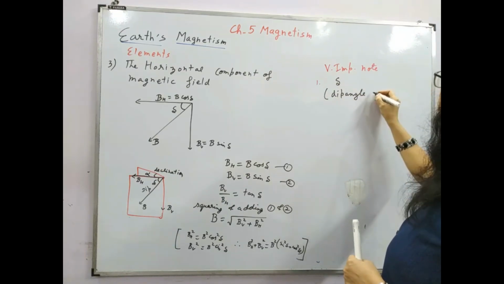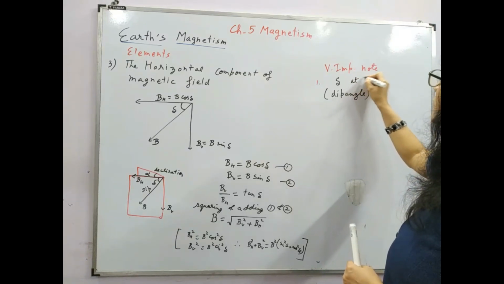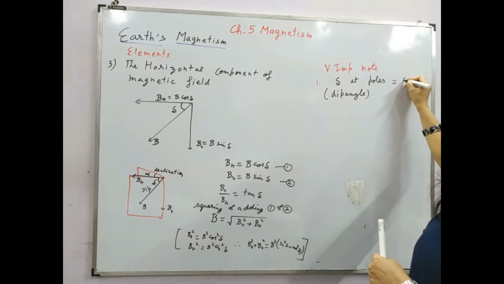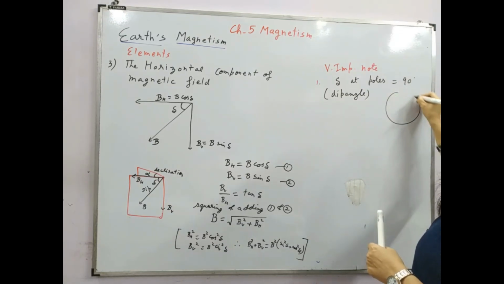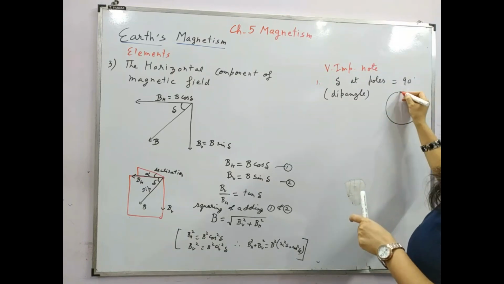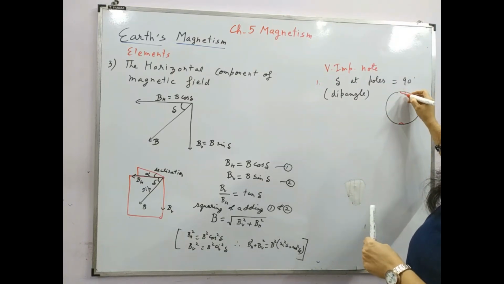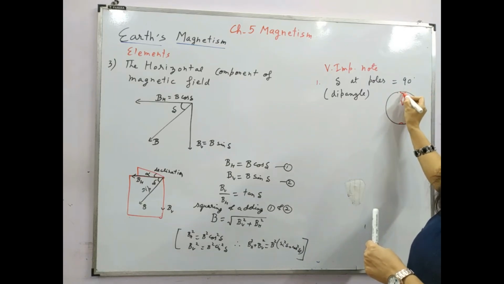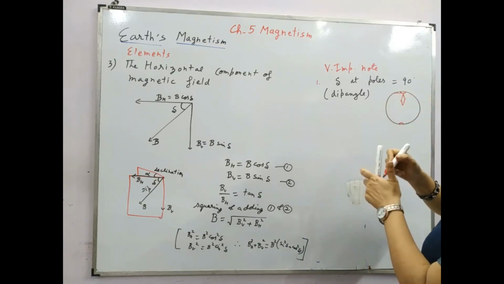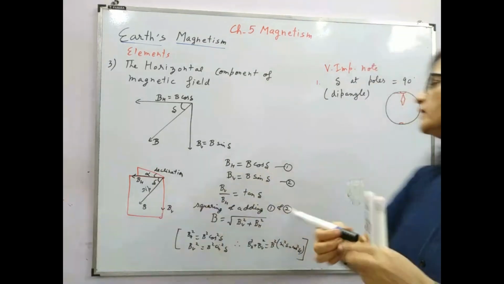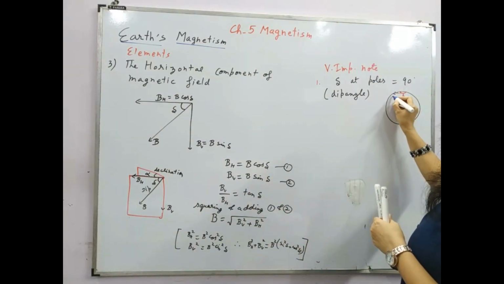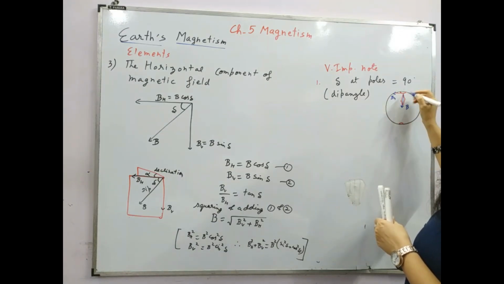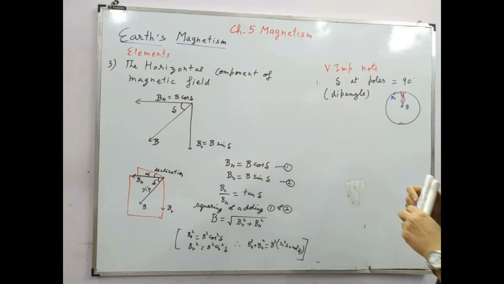Dip angle at poles is equal to 90 degrees. How? You can visualize it like this. At poles, the needle is vertical, and the surface is like this. So what is this angle? This angle is the angle between the horizontal and the net magnetic field. So this is 90 degrees at the poles.